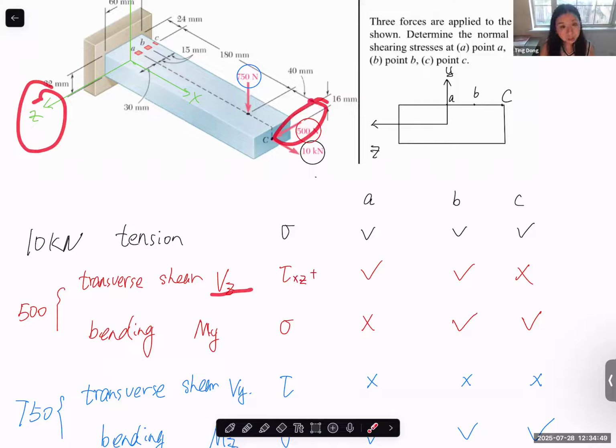So this one, of course, we talk about the stress distribution on the rectangular cross section. The derivation is quadratic, and the change is minimum on the top and bottom surface. Make sure that when it's in the Z direction, this is the top surface and this is the bottom surface. They are 0 at these 2 surfaces, which means that at C it should be 0, even though there is a transverse shear force on this cross section.